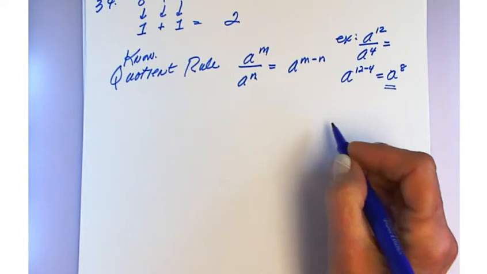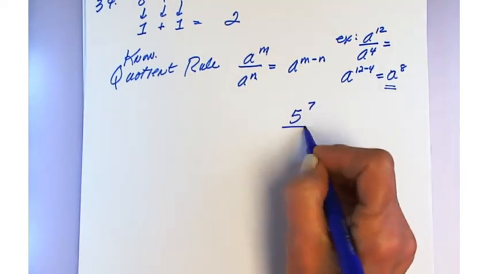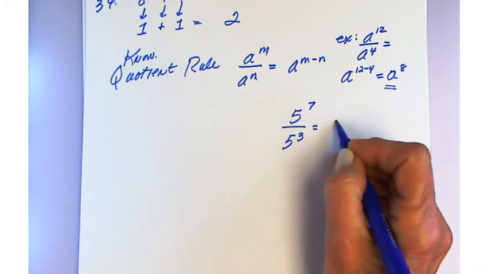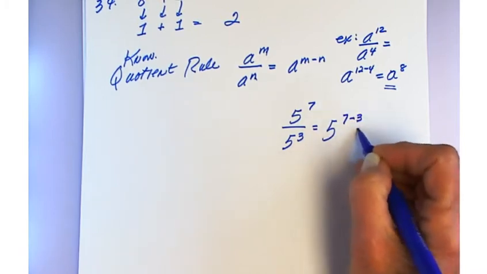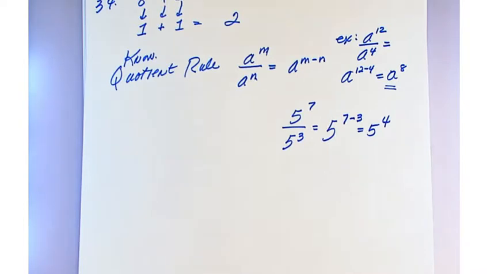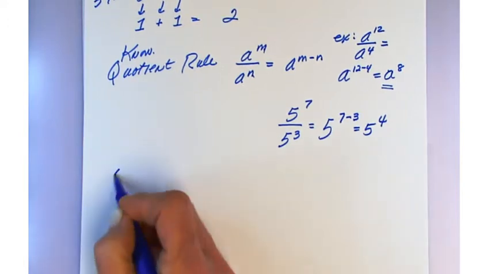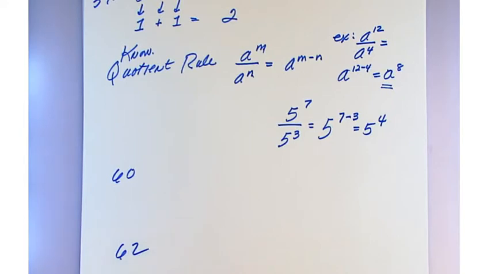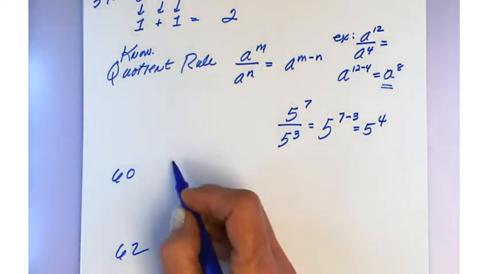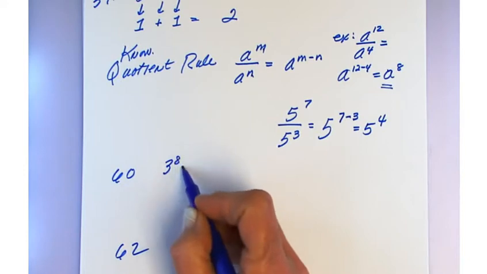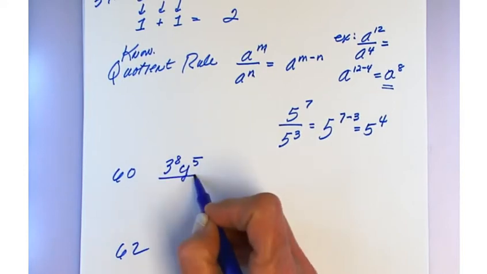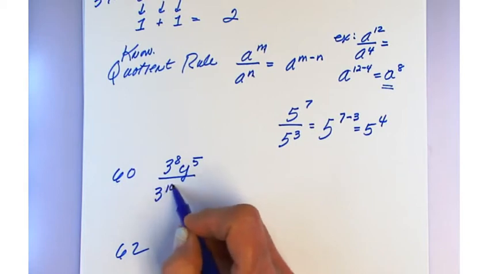But since we're doing only positive, it's going to be the numerator exponent minus the denominator exponent. We always want to keep that positive. Another example, 5 to the 7 over 5 cubed. Subtract the exponents and we get 5 to the 4. To divide numbers with exponents, you subtract. Looking at number 60, all the rest of those problems were negative exponents, so I'm pulling out ones with positive. 3 to the 8, y to the 5, over 3 to the 10, and y squared.